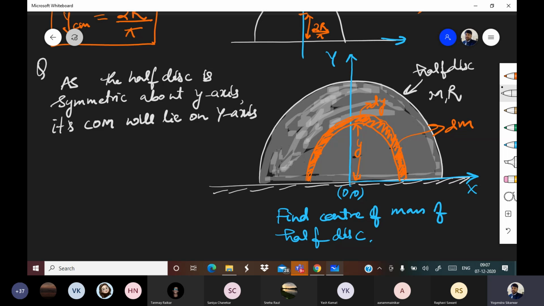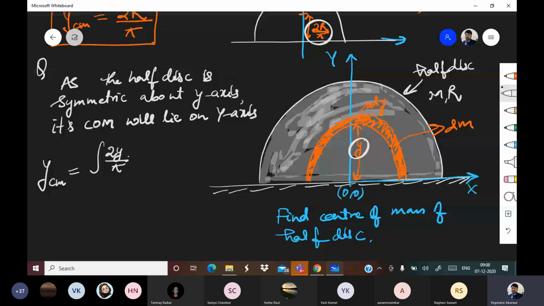So pay attention everyone. YCM will be integration, now remember, this is y. Y is the distance of the half ring. Y is the height of the half ring. But what was the center of mass of a half ring? We have already done it in the last question. That was 2r upon pi. So this will be 2y upon pi, because r for this half ring is y.